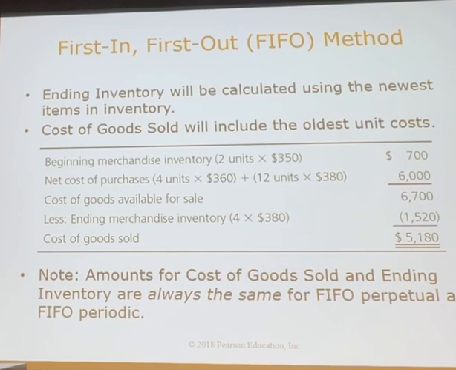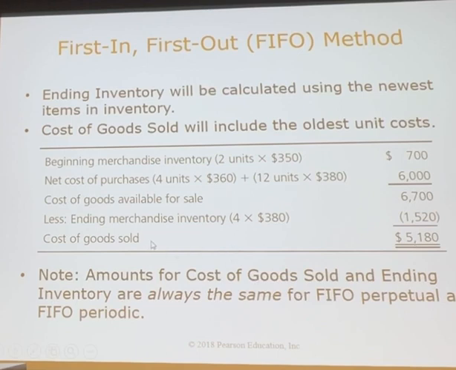All we have to do is compute cost of goods available for sale, and what that term means is it's the combination of beginning inventory plus purchases. And then when we subtract ending merchandise inventory from cost of goods available for sale, it gives us cost of goods sold.